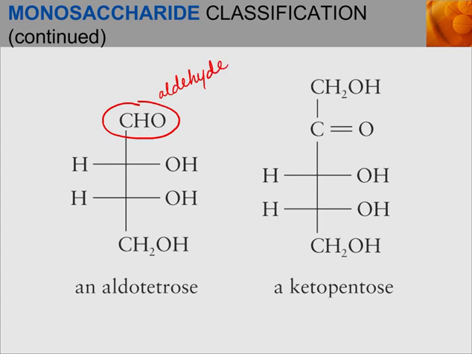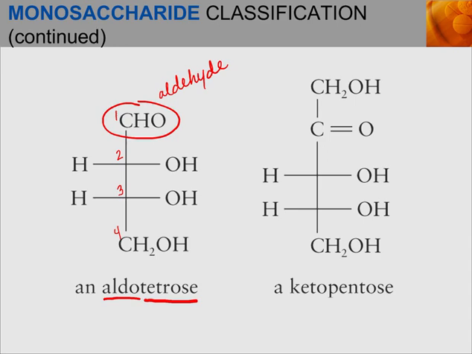So we would start by saying aldo, and then we're going to count the number of carbon atoms. So we have 1, 2, 3, 4. So there are 4 carbon atoms in this monosaccharide, so it is a tetrose. Putting it all together, this is an aldotetrose.